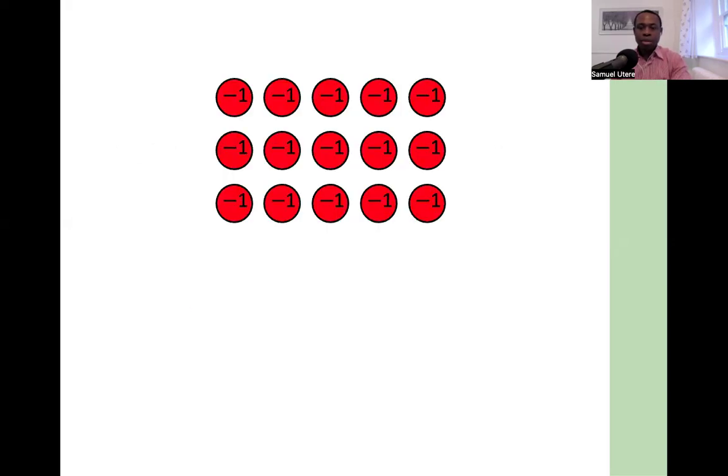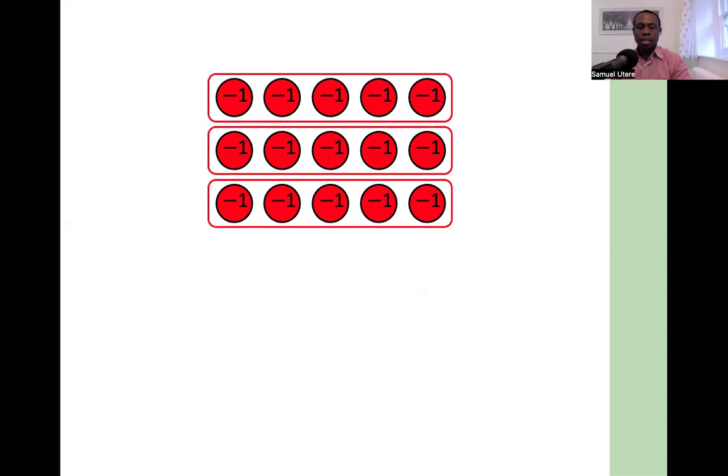Now, sometimes you need to realize that if you want to use groupings of a larger number, using the column by row method, you would have something like this. So if we want to represent this, we would say it is 3 lots of negative 5.